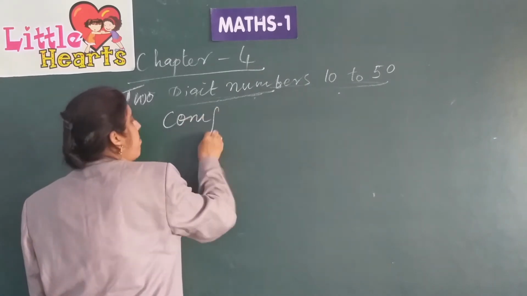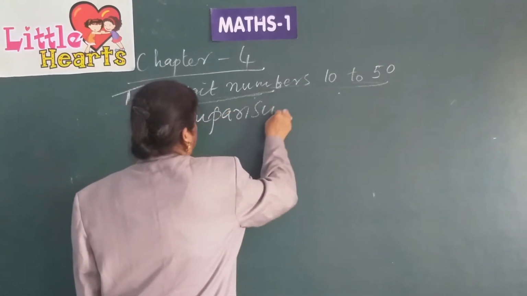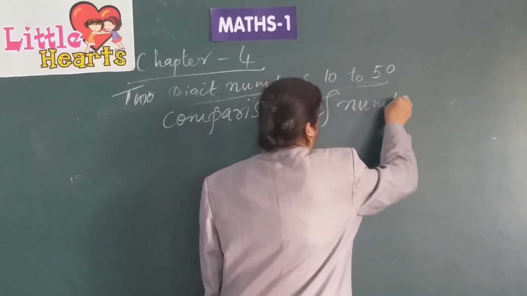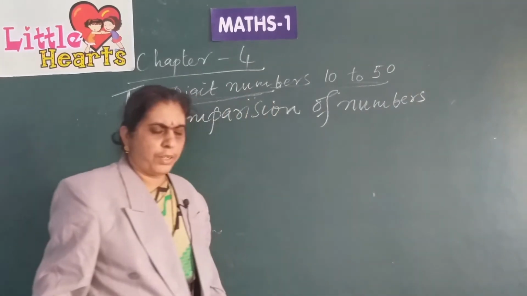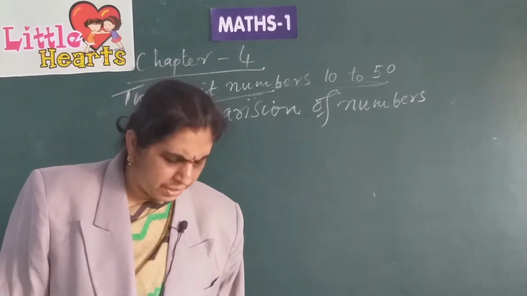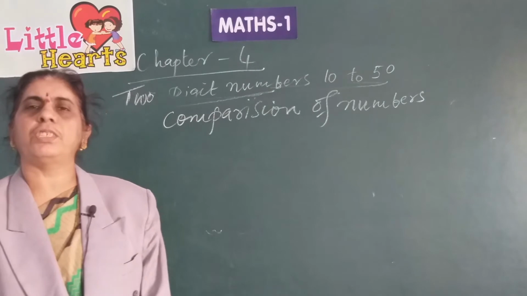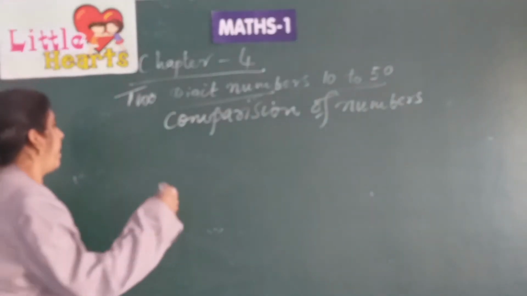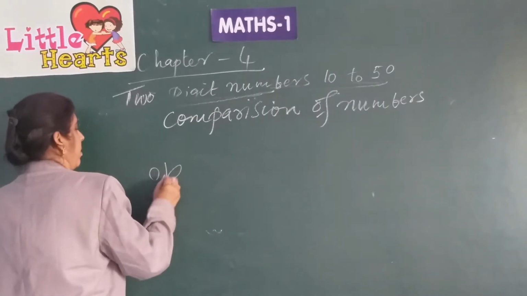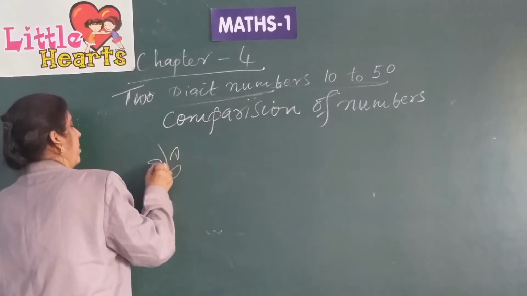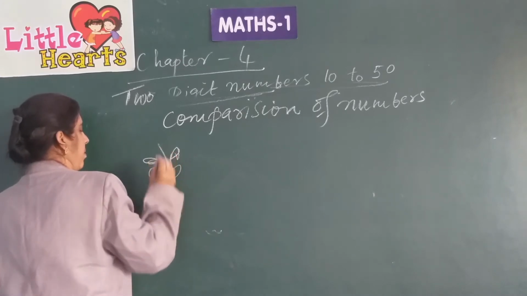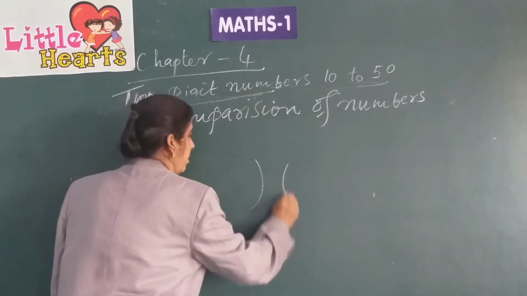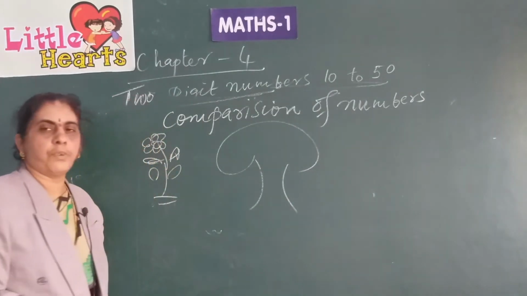Let us go with comparison of numbers. So what is comparison? Comparison is just nothing but which is big, which is small. In the objects we can easily say, this is a plant, this is a tree.